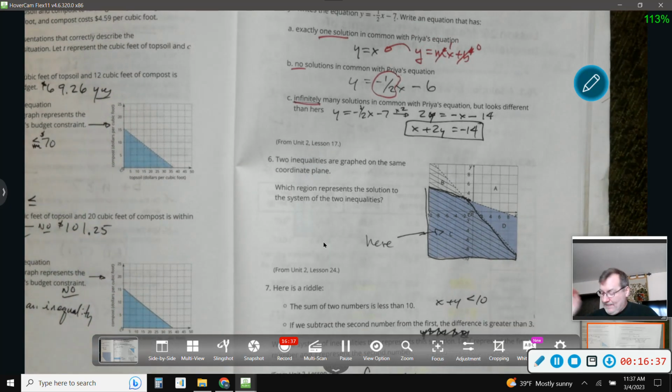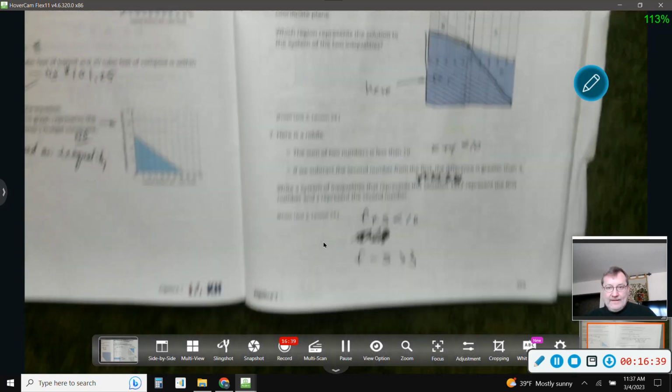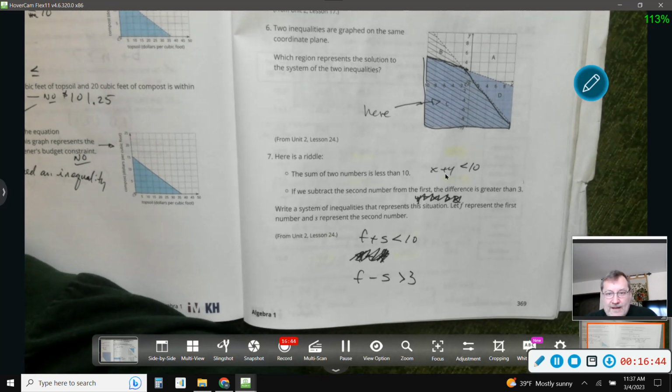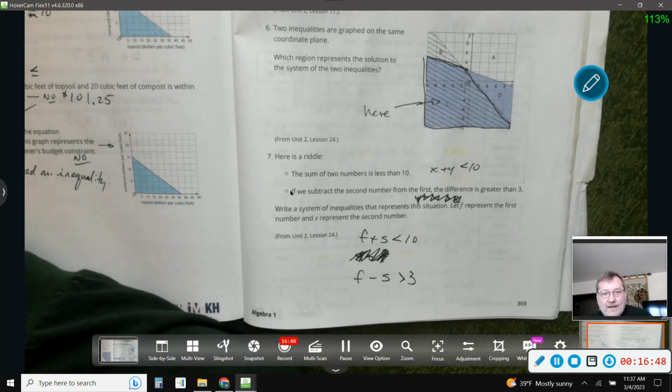All right. Number 7. Here's a riddle. Sum of two numbers is less than 10. There you go. Number 1 plus number 2 less than 10. If we subtract the second number, which would be y, from the first, the difference is greater than 3. So here you go.